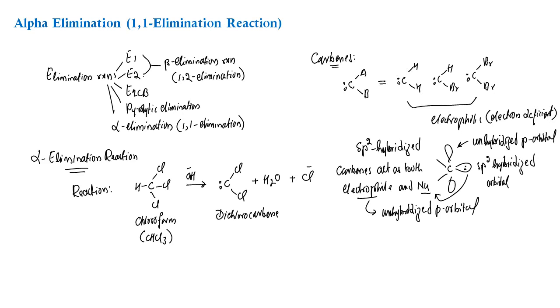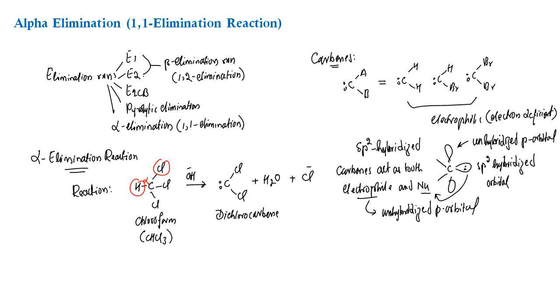This is the alpha carbon atom, with one hydrogen atom and one chlorine atom. Both are removed from the same alpha carbon, so we call it an alpha elimination, or 1-1 elimination reaction, unlike 1-2 or beta elimination.